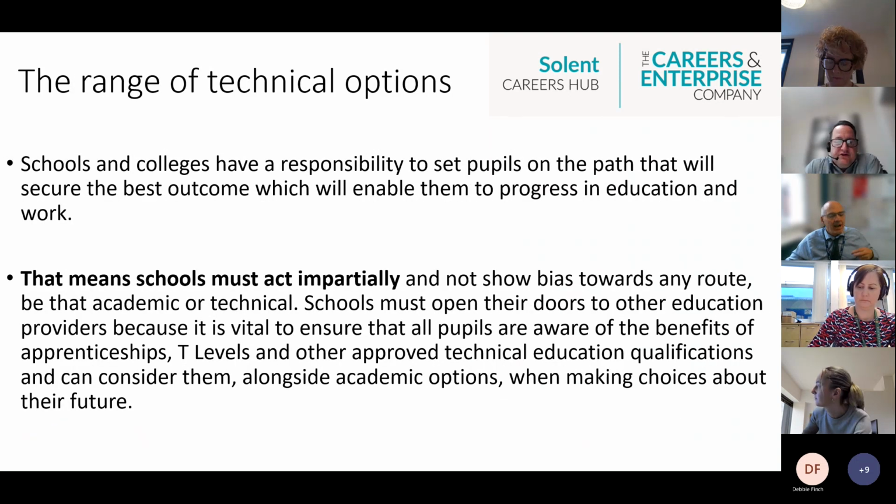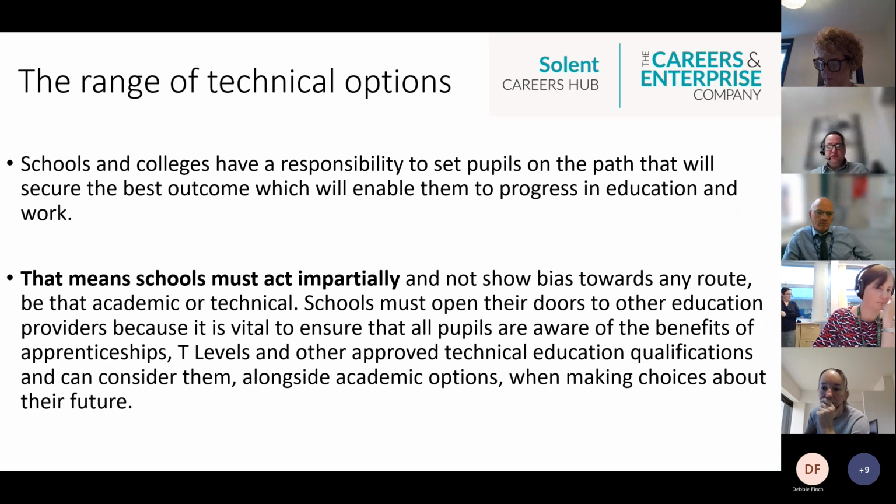So the range of technical options: schools and colleges have a responsibility to set pupils on the path that will secure the best outcome. So this means that schools must act impartially and not show bias towards any route, be that academic or technical. Schools must open their doors to other education providers because it's vital to ensure that all pupils are aware of the benefits of apprenticeships, T-levels and other approved technical education qualifications.